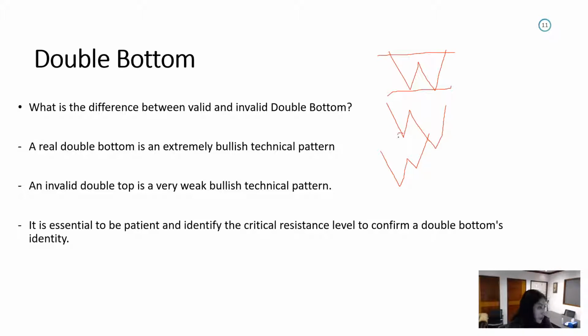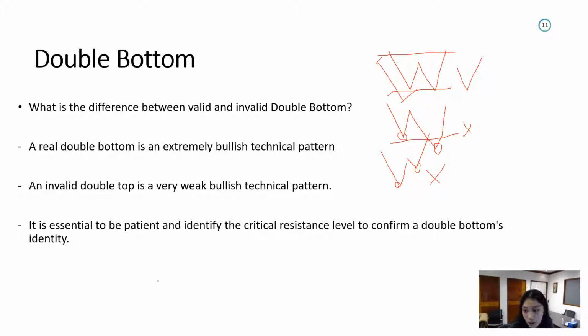The first bottom of this is higher than the second bottom, which is not valid because they are not on the same level. And the same goes for this type of double bottom. This is high, this is lower. The first bottom is lower than the second bottom, the second low over here, which is not valid. So this is not valid and this is not valid. The valid one would be this, which is the same level, same height, and same distance from here to here.